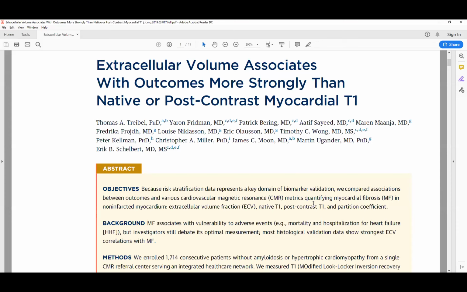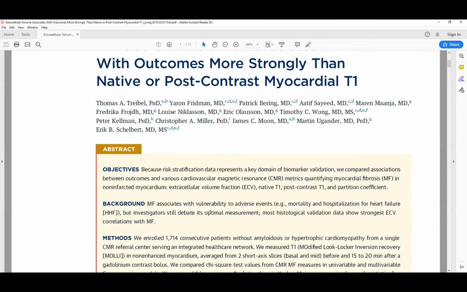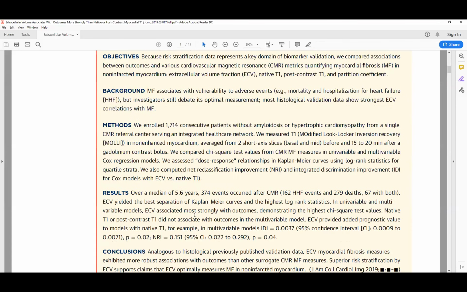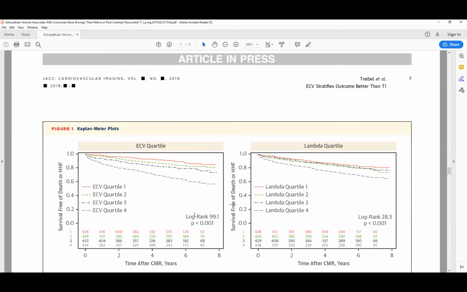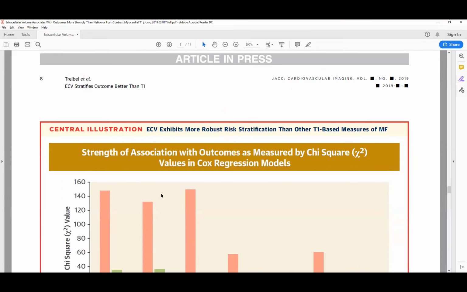But then I think risk stratification in identifying vulnerable patients would be another important domain. So this paper was simply to look at outcomes with all these different parameters.